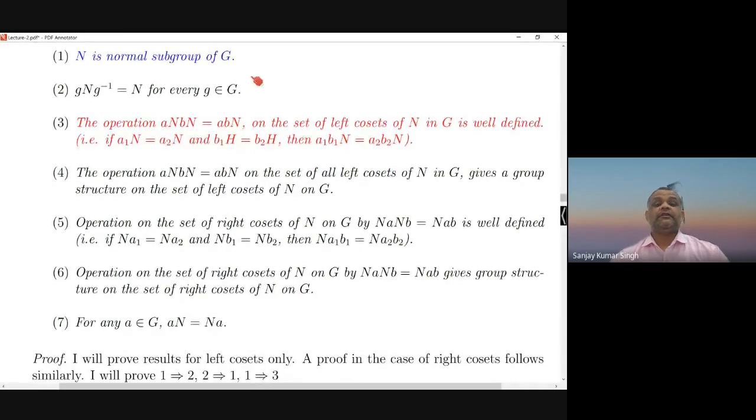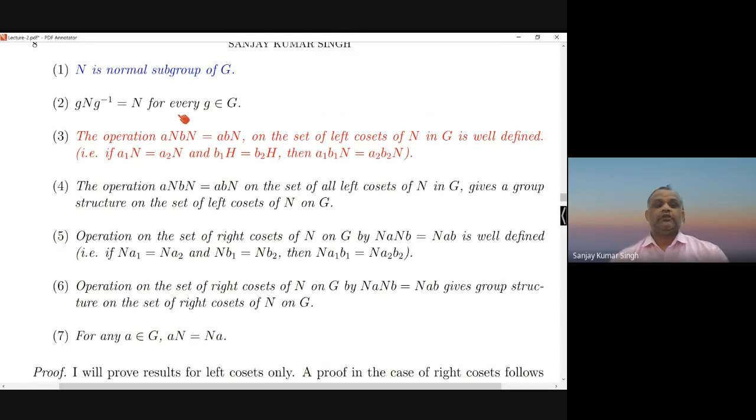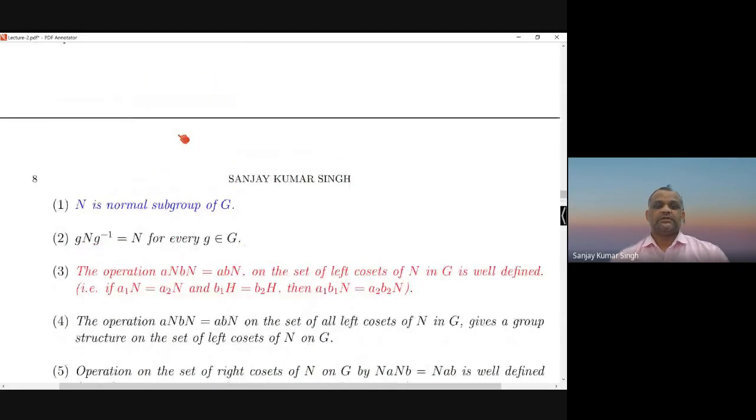And since it is an if and only if, both conditions are equivalent, so it is also telling you that you have solved this problem completely. Completely means a group operation forces the subgroup to be normal, and if it is normal, then automatically it is a group operation.